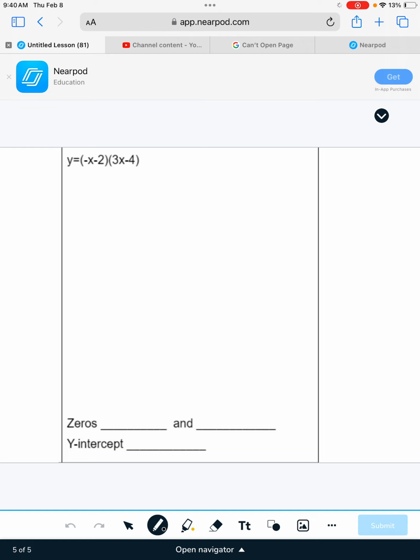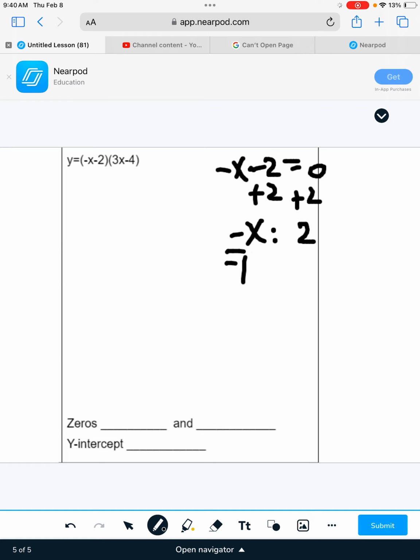We're going to do it again here, where I have negative x minus 2 equals 0. When I plus 2 on each side, I get negative x equals 2. Divide by negative 1, because there is a negative 1 in front of that x. X is negative 2. So I go negative 2, 0 as my first zero.